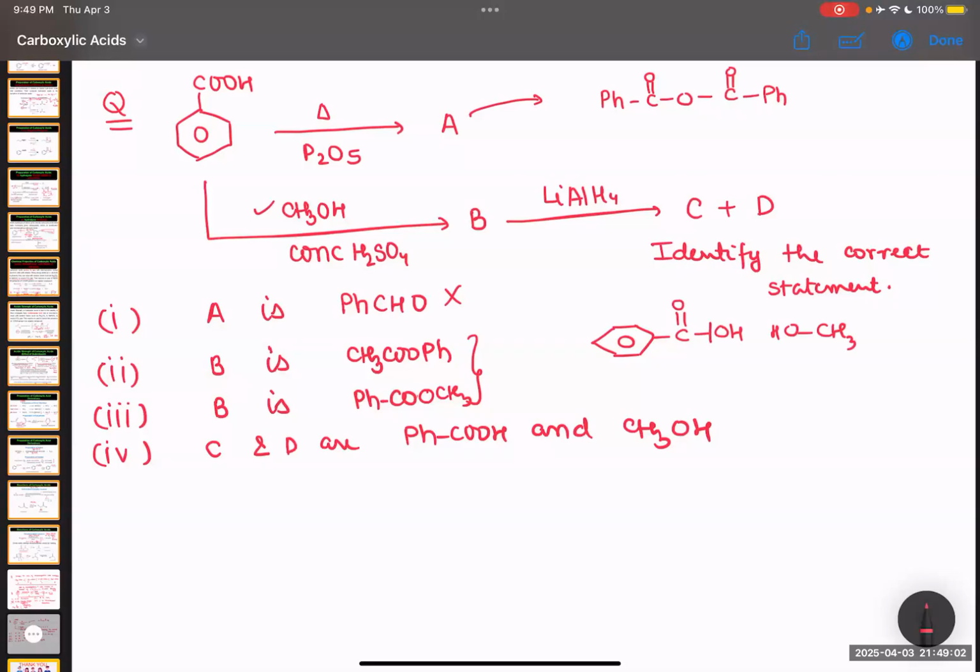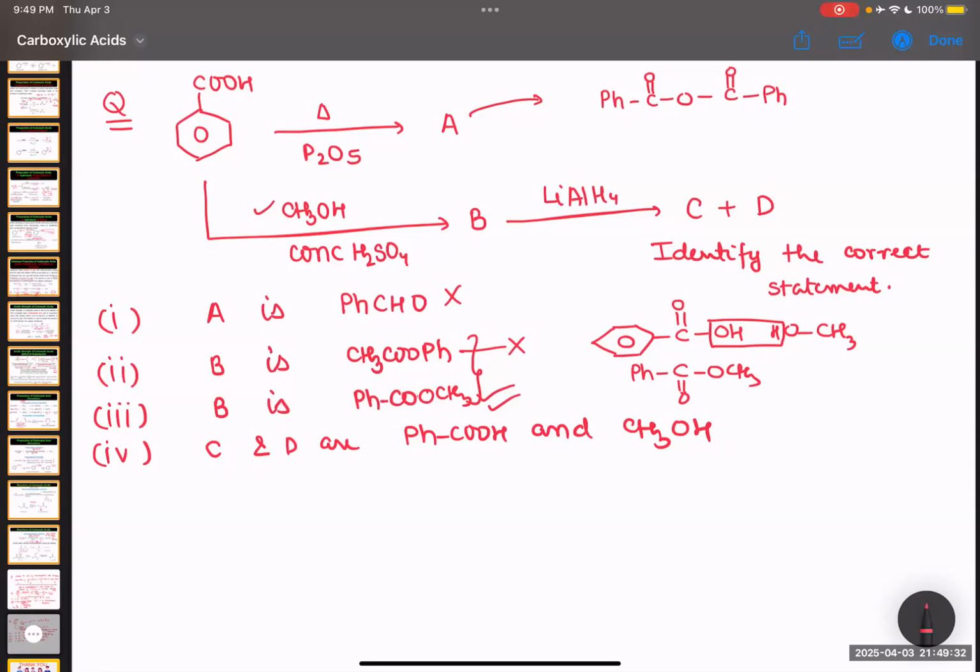Just remove the water, and you are going to end up with PhCOOCH3. PhCOOCH3, got it? So I hope this is clear to you. But not this one. What about C and D?